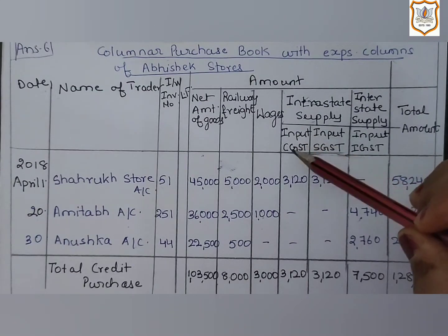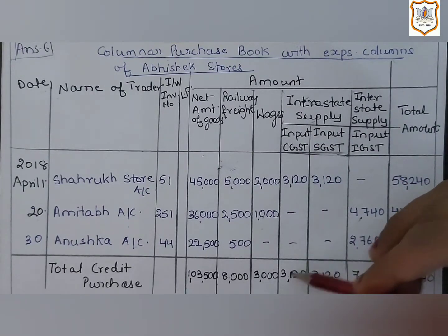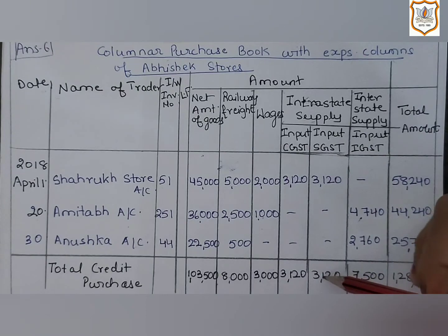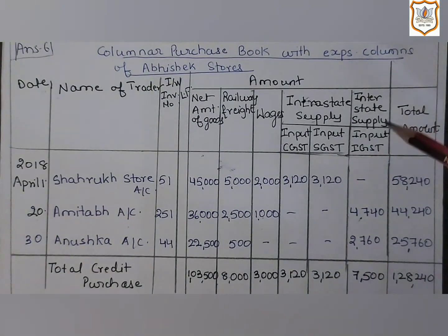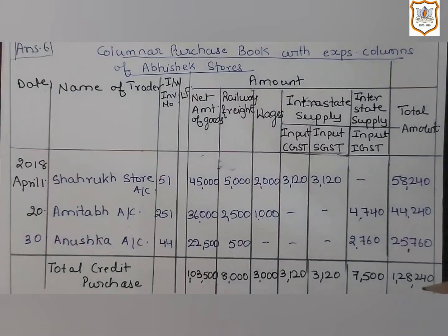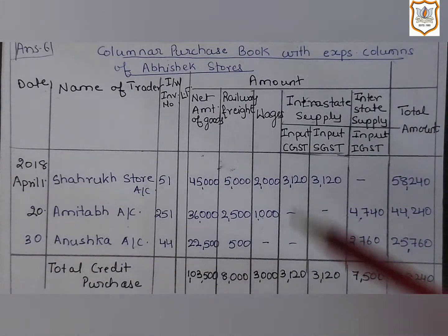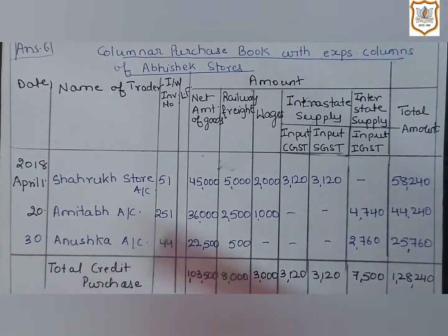Then input CGST is 3,120 and input SGST is 3,120. Then input IGST, total of this column would be 7,500. Now finally, by adding the amounts of last column, that comes to 1,28,240, we get clear idea that this much amount we have to pay to our different creditors.